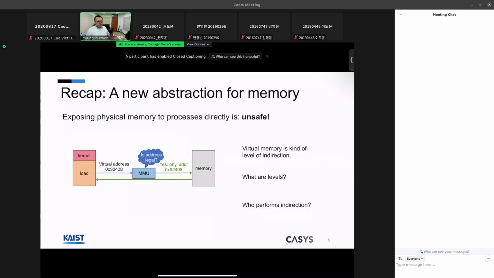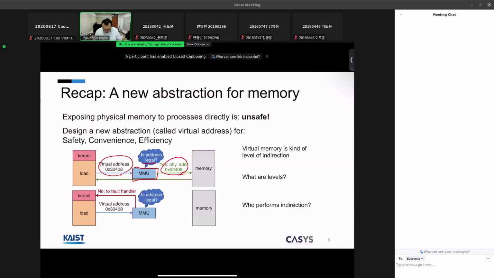Again, for protection, there are two address spaces: virtual address and physical memory. There's a hardware called the memory management unit, which checks whether an access is legal or illegal. If it's not legal, what happens? It causes an exception, which is called a page fault.